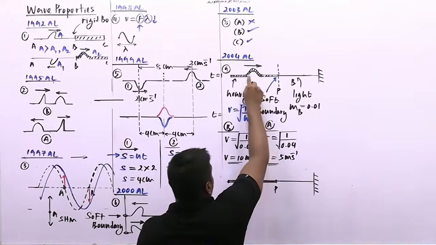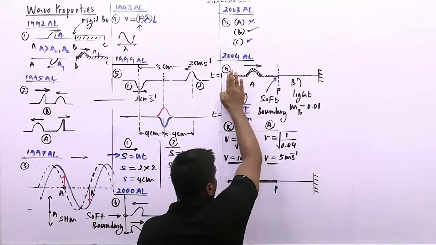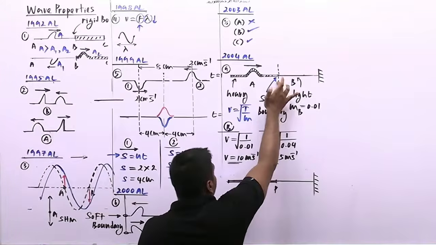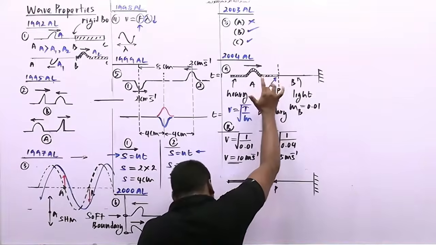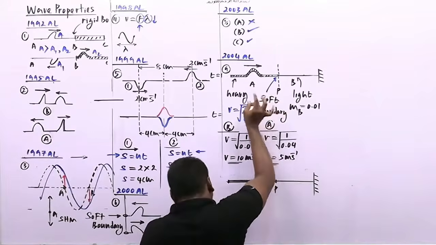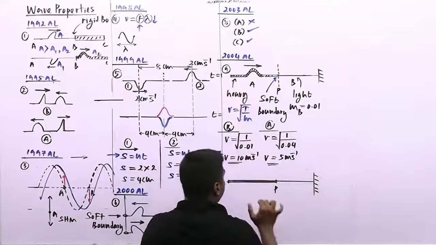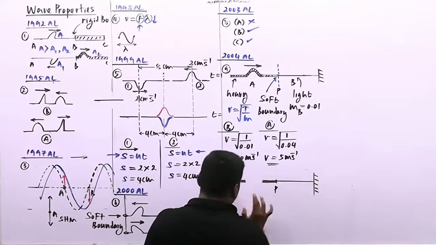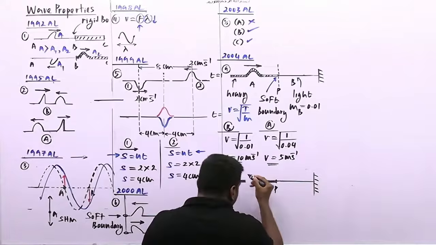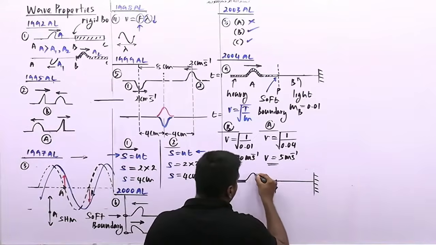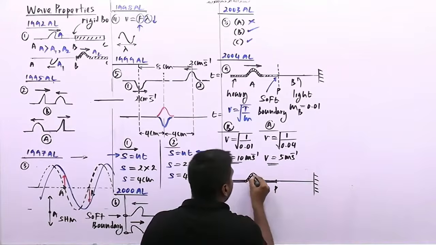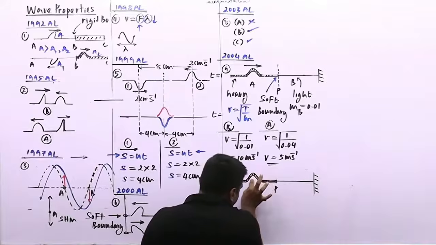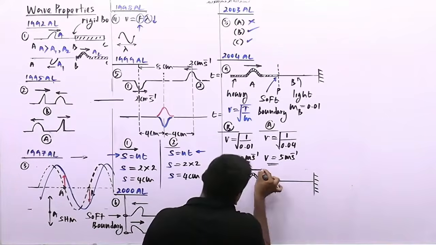Now, before the wave pulse propagating through the heavy string reaches the soft boundary, after reflecting from the soft boundary, the reflected wave pulse is not inverted. If I draw the reflected wave pulse propagating in the heavy string, it's going to be like this. The reflected wave pulse is not inverted, going backwards.